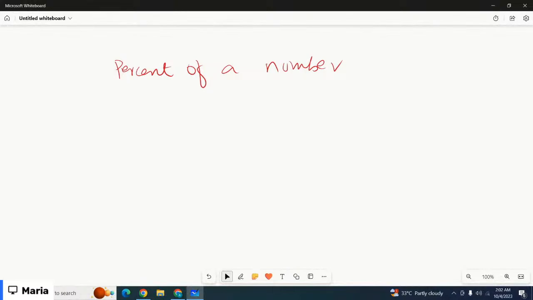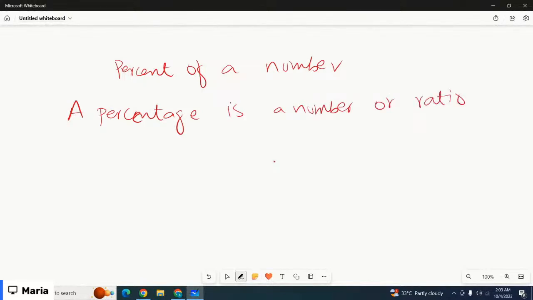A percentage is a number or ratio that can be expressed as a fraction of 100, right? You can note down the definition of the percentage. A percentage is a number or ratio that can be expressed as a fraction of 100, right?